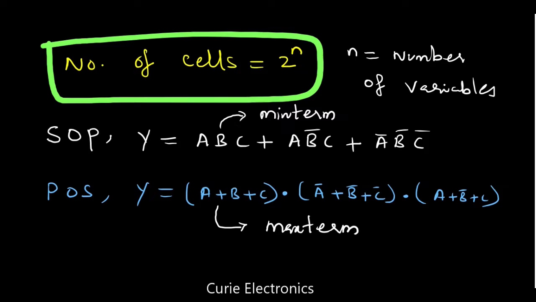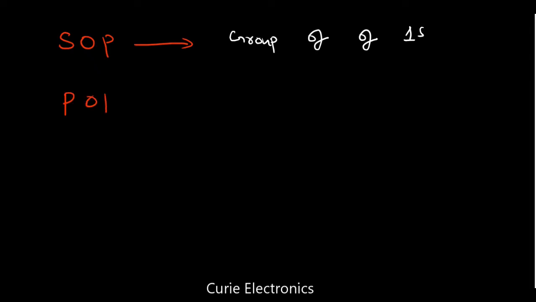Then in SOP, sum of products, what we do is group the ones to simplify the expression. In POS, we group the zeros. Now you might have understood there are two types of Karnaugh maps: group of ones and group of zeros.